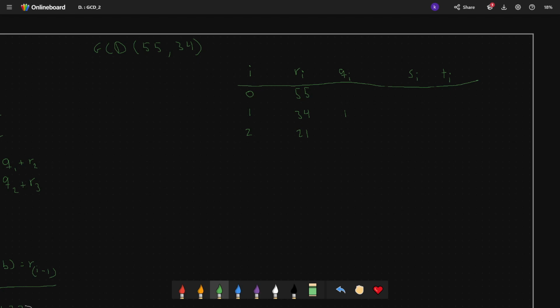Notice here how I am writing the remainder and the quotient on the same line, and I'm not writing 55 expressed as a calculation of 34 multiplied by a quotient plus a remainder. This is deliberate because we're going to need those values for s i and t i later. But you can easily see here that 34 goes into 55 once and the remainder is 21.